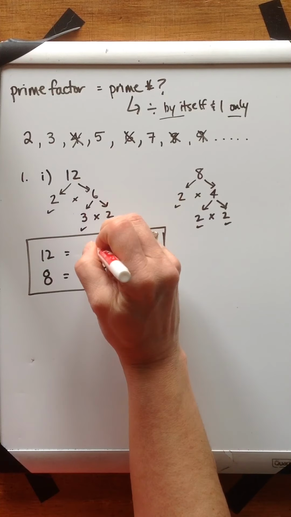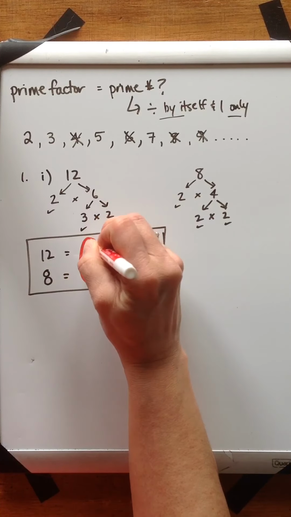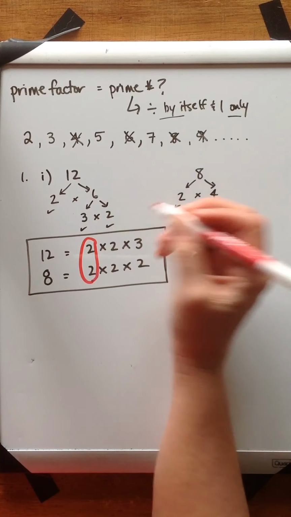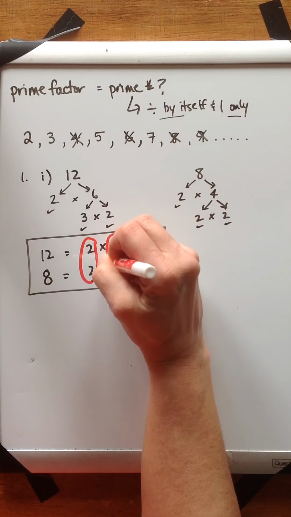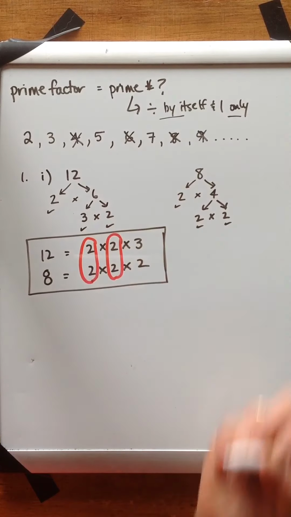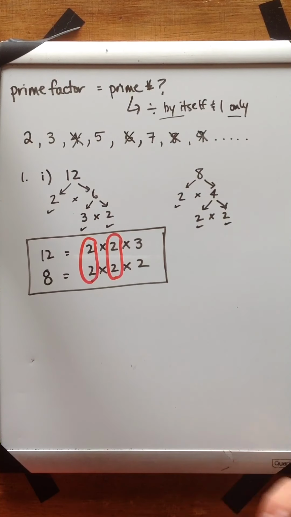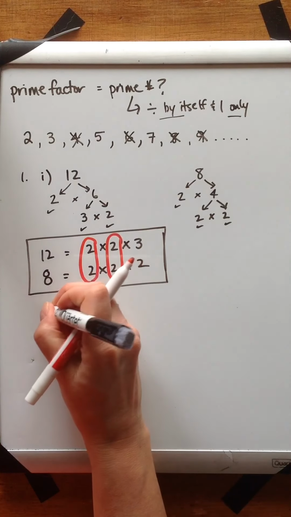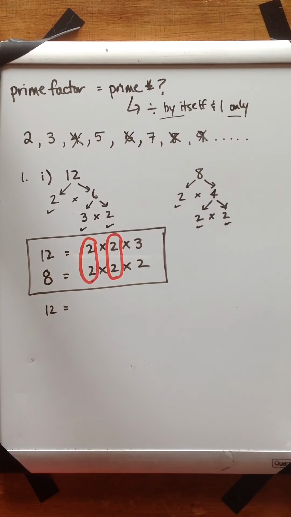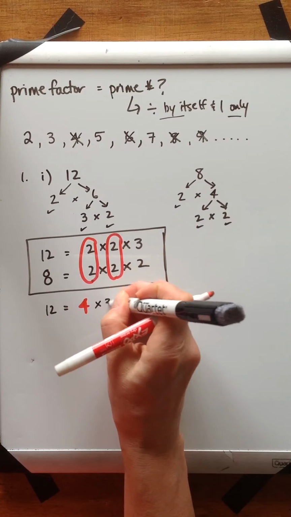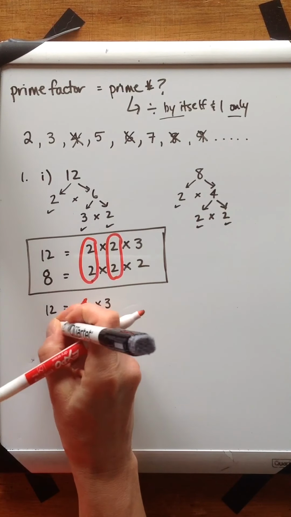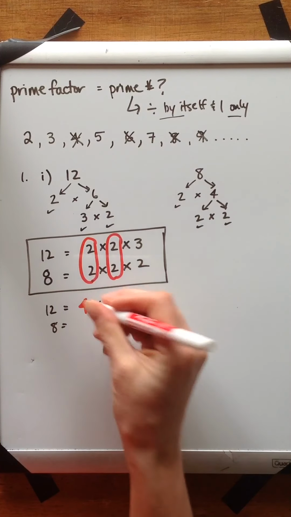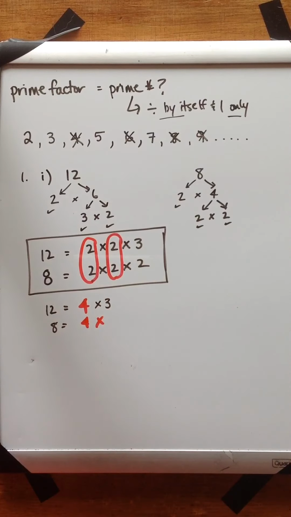So I notice that they both have 2 here as a prime factor, but they also have another 2 as a prime factor. Okay? So 12 can be thought of as being 4 times 3, and 8 can be thought of as 4 times 2.